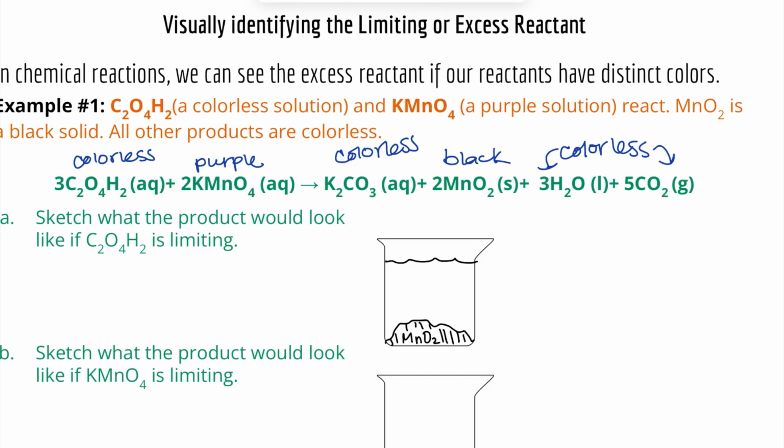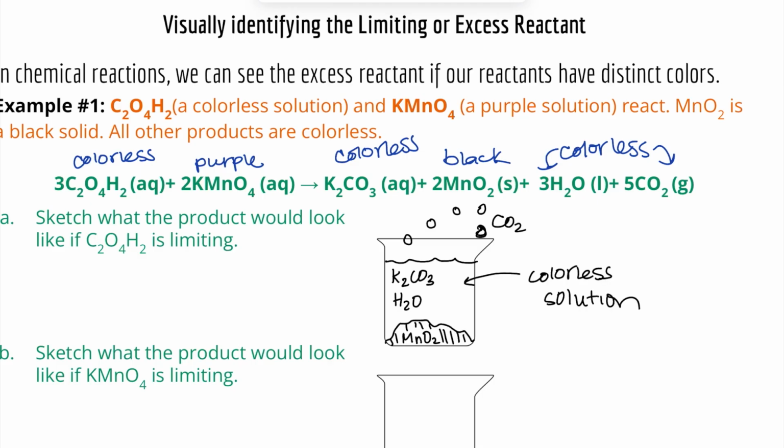But we have some K2CO3, and we have H2O in that reaction, or in our beaker. If you wanted to, you could kind of show some bubbles of CO2 gas leaving, but really we don't necessarily need to show that. So there's our CO2 gas, and then we have, this is going to be a colorless solution.